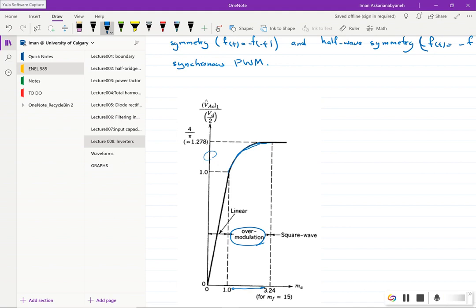And so that's the advantage of MA greater than 1.